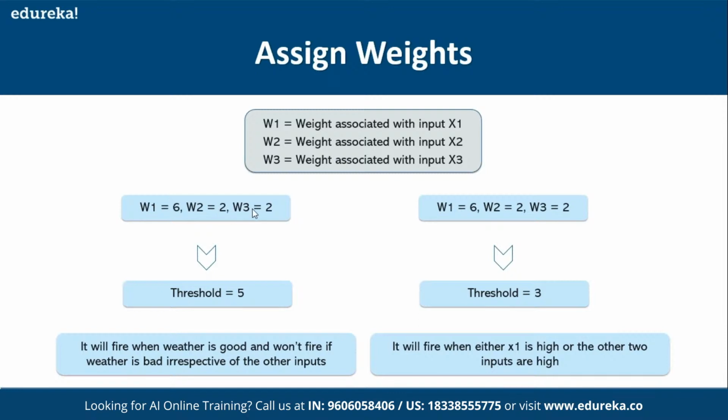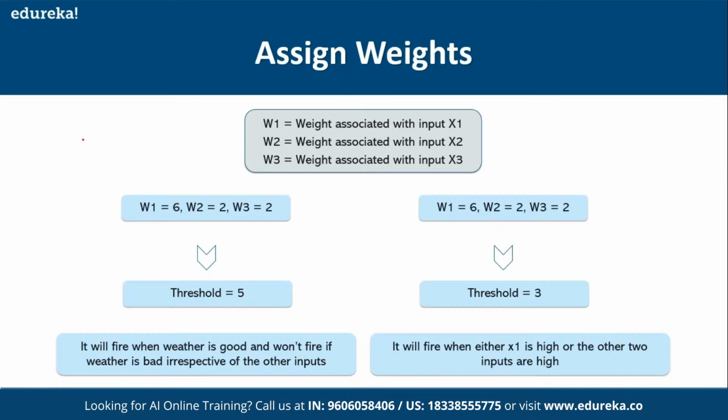The weight for our third input, the public transport available, is W3 equal to 2. So W1 is 6, W2 is 2, W3 is 2. Now, the threshold value is 5.